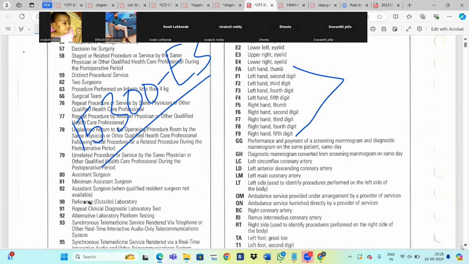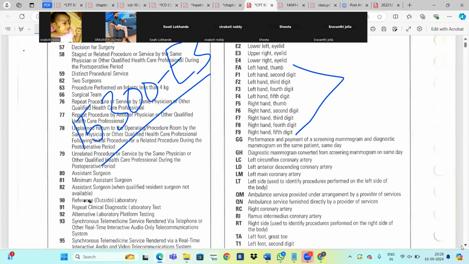So sometimes they will give second digit, sometimes they will give the name. So any doubt on F series?